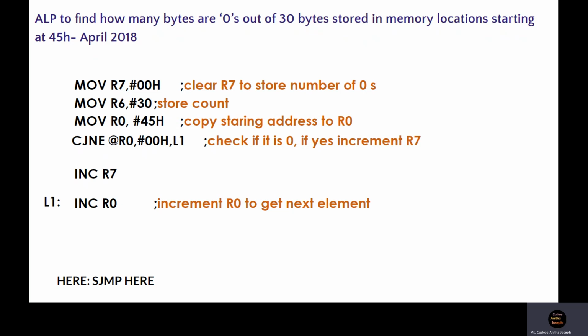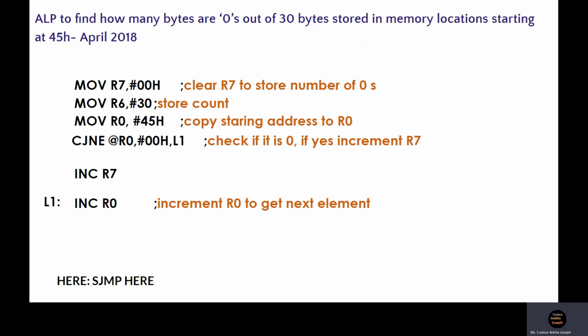So after incrementing R0, we should check whether the content of R6 is 0. We should decrement R6 and check whether its content has become 0. If it is non-zero, we should perform the next comparison. If it is 0, R7 contains the count of the number of zeros. All 30 bytes have been checked.